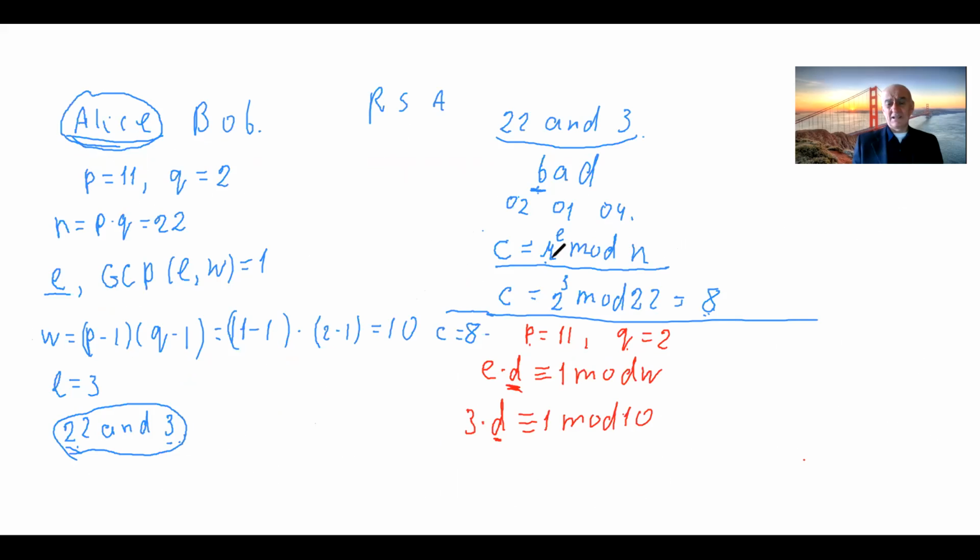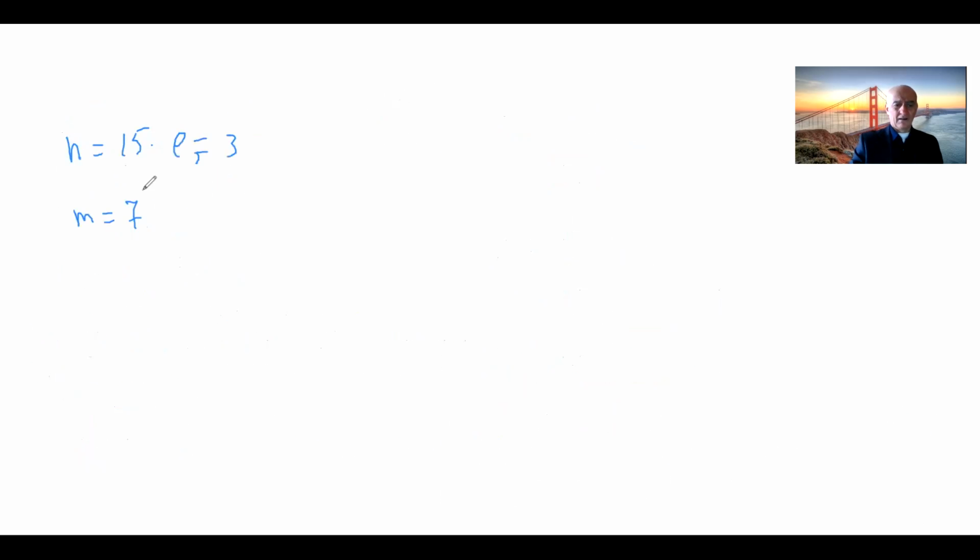M is the plain text. To get the encrypted message, we raise M to the power E, and then find the remainder by dividing by N. Okay. So please, what is our cipher message?